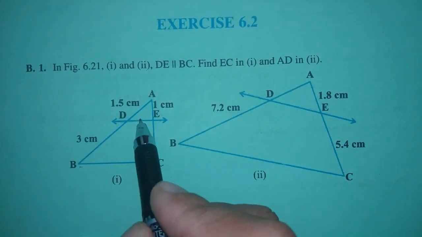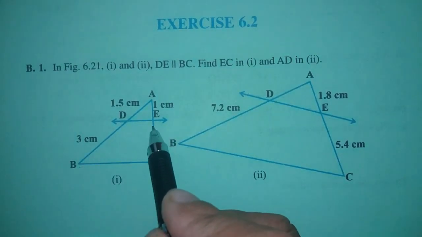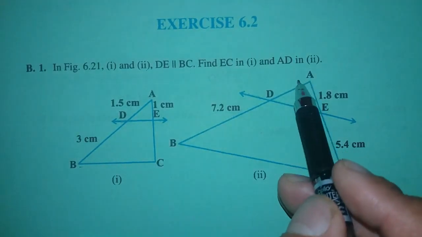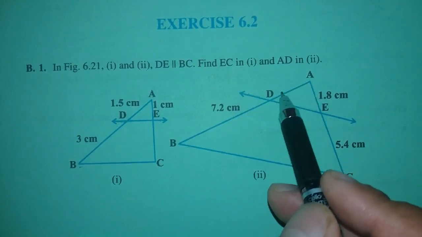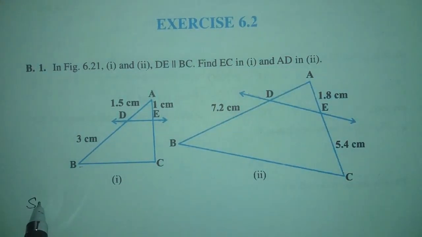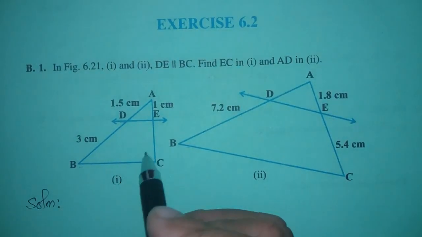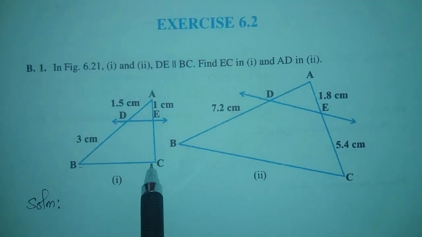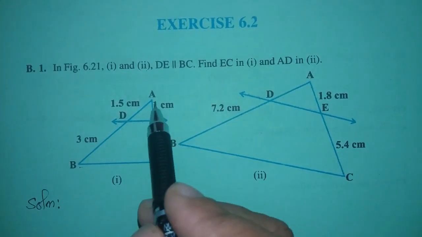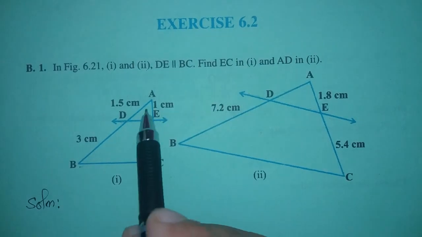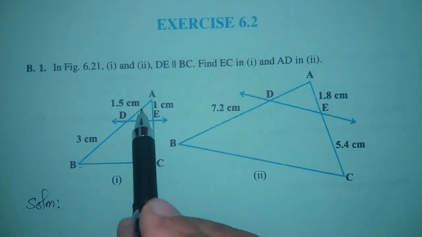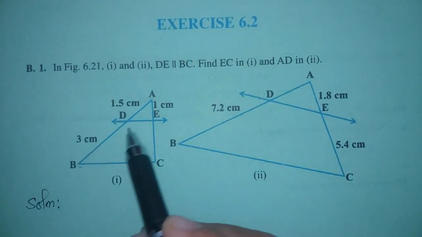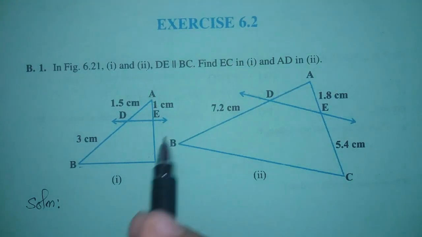So here in this first figure we're going to find out EC, and in the second figure we will find out AD. Solution. Okay, let's see the first one here. Since the question has given that DE is parallel to BC, we can apply the basic proportionality theorem. That is, since these two are parallel, AD by DB will be equal to AE by EC.